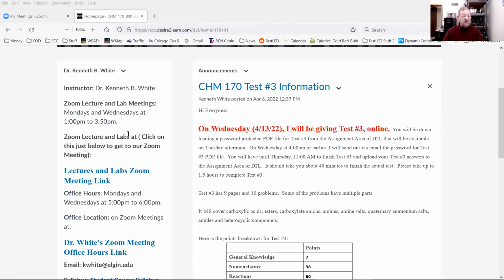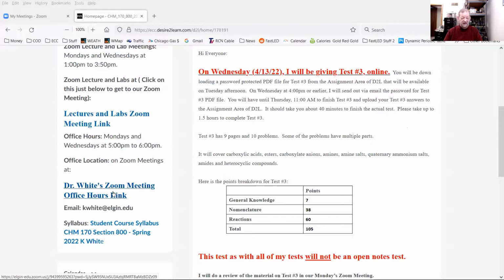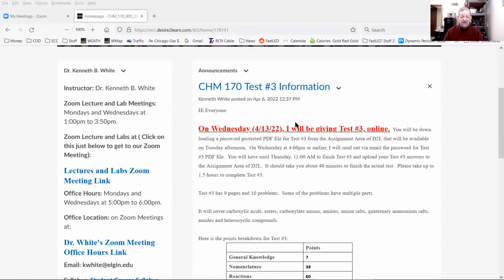Like I said, let me make this visible to you. I'll change the link right here and here. So on Monday, you'll be able to get into class, and also I'll send out an email. But anyways, if you notice, we have, thumbs up people, can everybody see the test number 3 information on your screen right now? Thank you, Kristen.